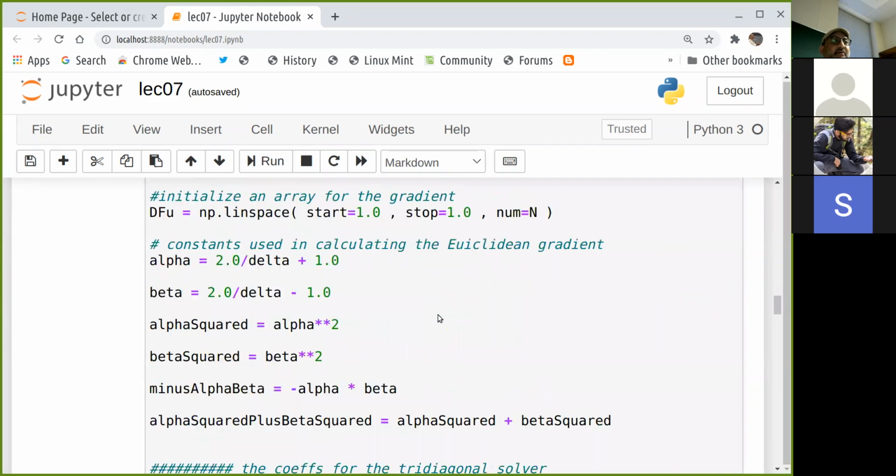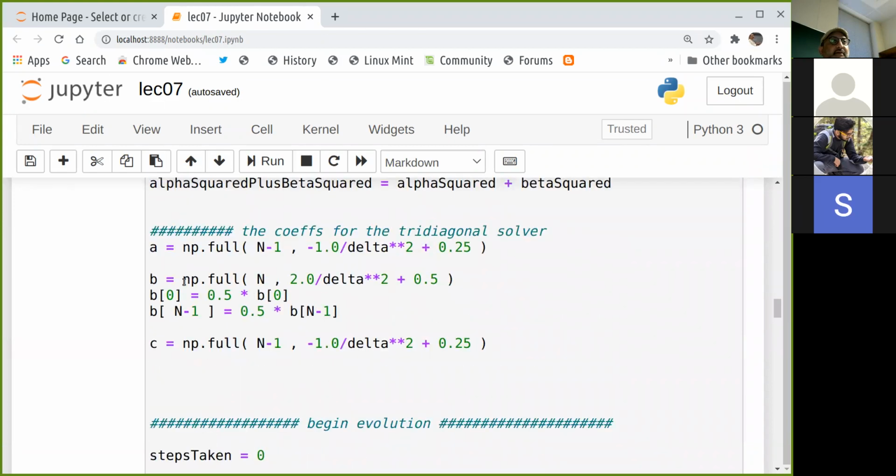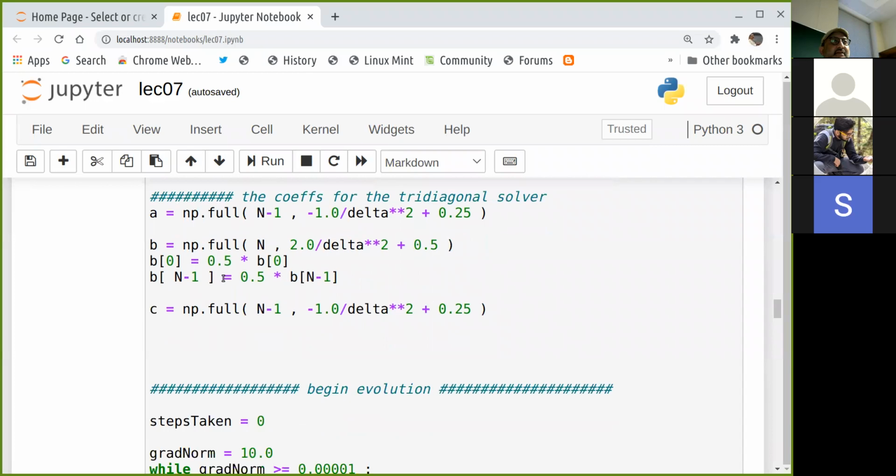Okay, so I enter A equals np.full, n minus 1. So the lower diagonal has n minus 1 elements. And the entries look like minus 1 over delta squared plus 0.25. The main diagonal, there are n entries down the main diagonal, except for the first one and the last one, they look like 2 over delta squared plus 0.5. Okay, the first one is 0.5 times what this gave me.